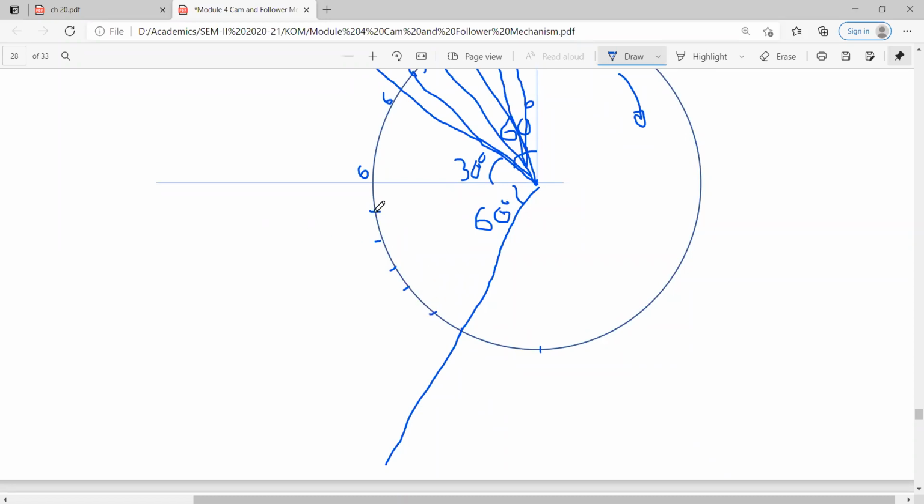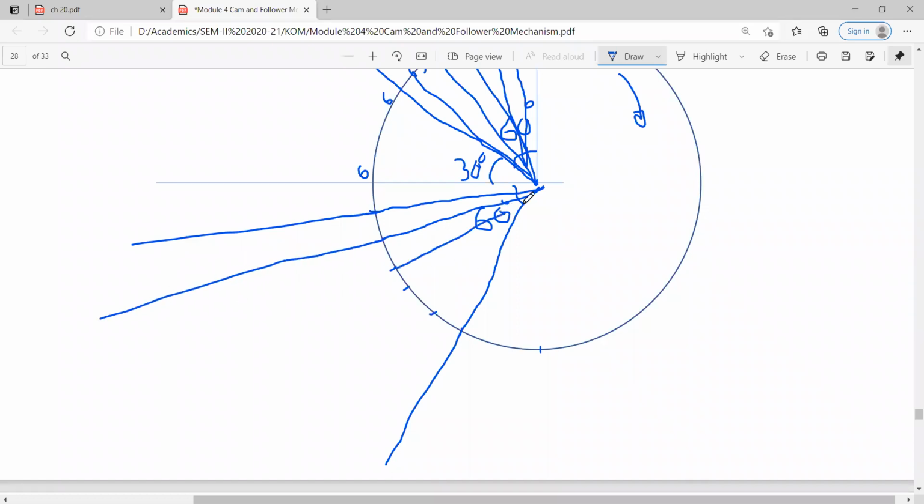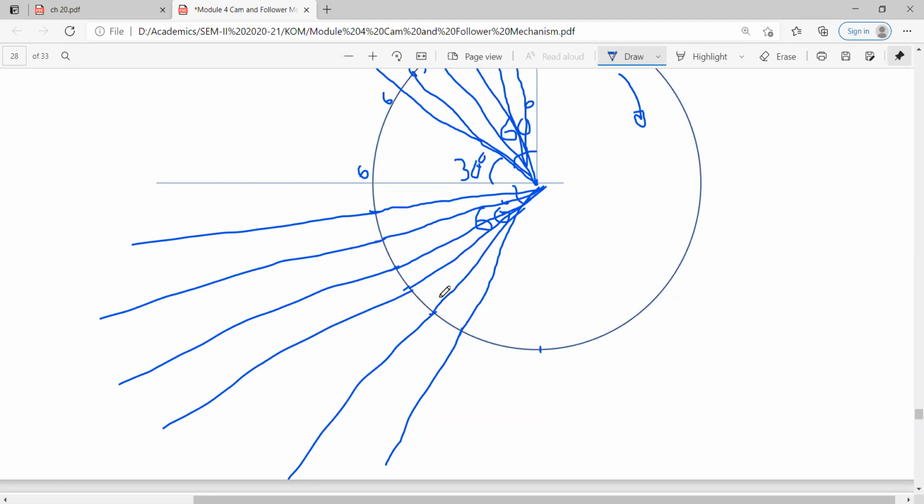Again join it with the center and extend it. Then like this. Okay, then this is like this. And then continue the numbering.